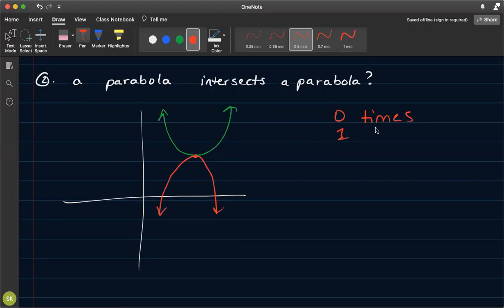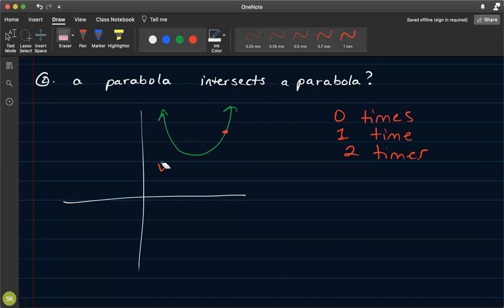So it's possible for them to intersect one time. I could also move the parabola like this. Here they intersect 2 times. In fact, if I move this parabola up more, the maximum number of times it will intersect is 2.